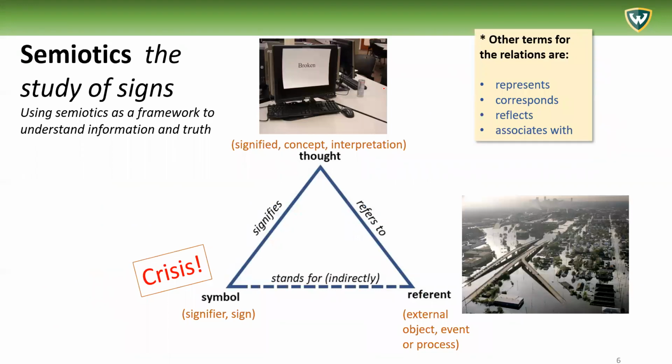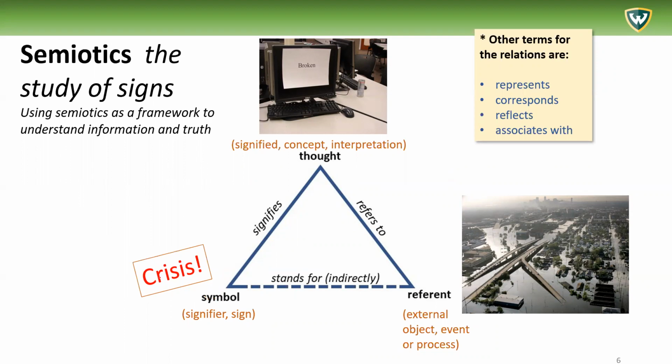Now let's bring back the idea of the framework of semiotics, which is the study of signs, and we can use semiotics to understand information and truth. And we've already gone over this before, so I won't go over too much, but let's do a review here. So the idea is that when we're dealing with symbols and language and images and thoughts and objects in the world, we have this semiotic triangle. We'll have maybe a set of letters.